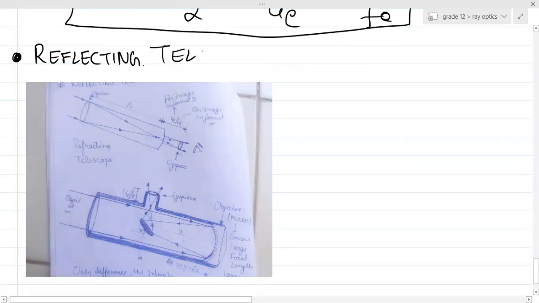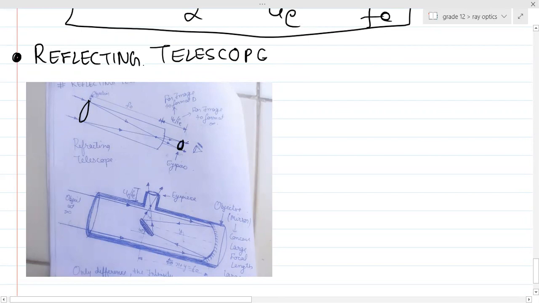Now see reflecting telescope, guys. Can you see a reflecting telescope over here? Can you see a cylindrical box over here? In a refracting telescope, there is an objective lens and an eyepiece. Both are lenses, right?